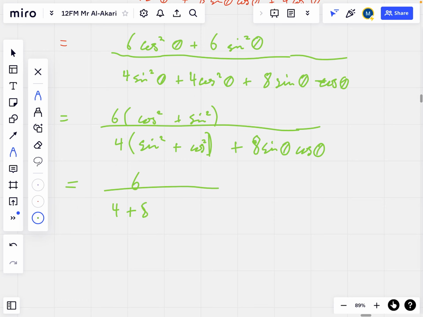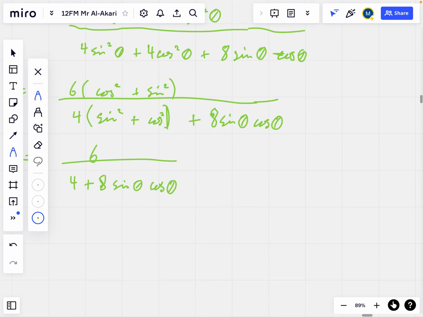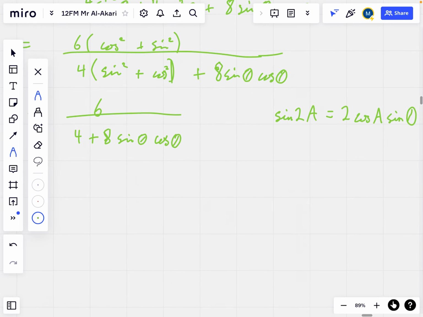Okay, this part here might not be as obvious to notice, but if you refresh your memory a little bit, if I'm not mistaken, sine 2a from our double angle identities we did earlier in the year is equal to 2 cos a sine a. Might be wrong, but I'm pretty sure that's the expansion. And here we can notice that we have a sine theta cos theta, and we're multiplying by 8.